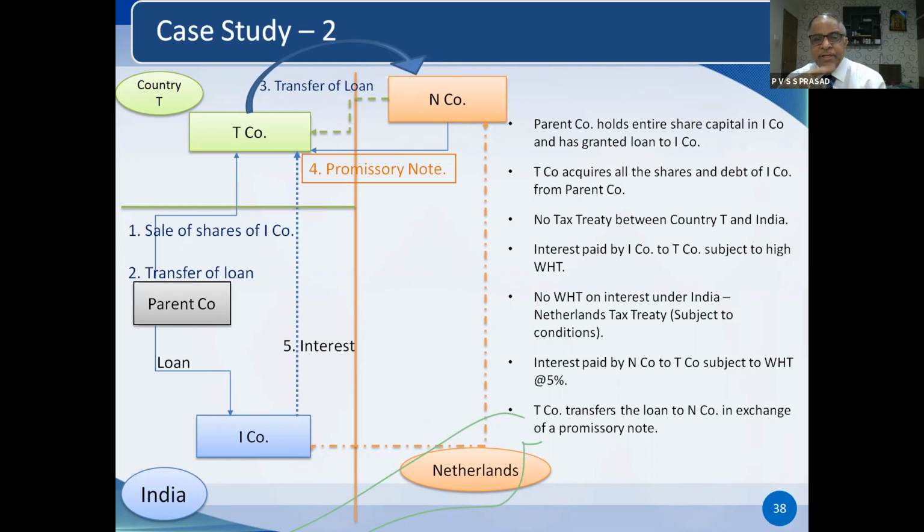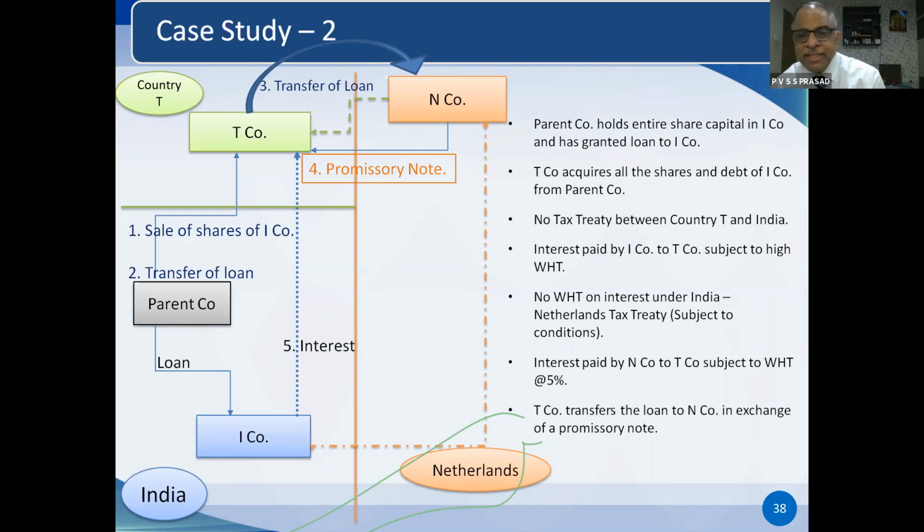T company, which is in another jurisdiction, acquires all the shares and debts from the parent company. There is no tax treaty between country T and India, on account of which the maximum withholding tax rate as per Indian domestic law would apply. So that is a very undesirable consequence in the international context for the multinationals.